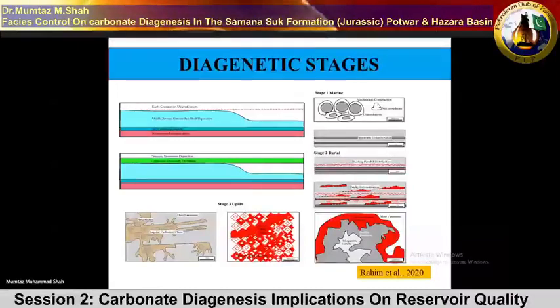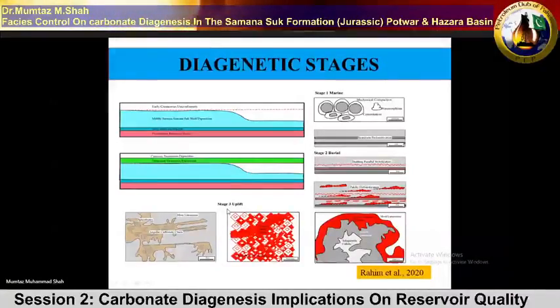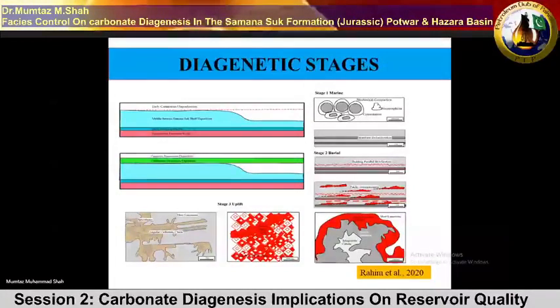Then the burial dolomite is also responsible for the patchy dolomitization, as well as the patchy replacive dolomitization, and the last stage represents the uplift, which is associated with de-dolomitization and late stage calcite cementation.